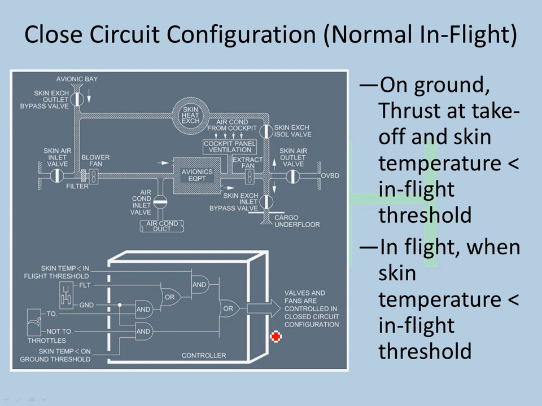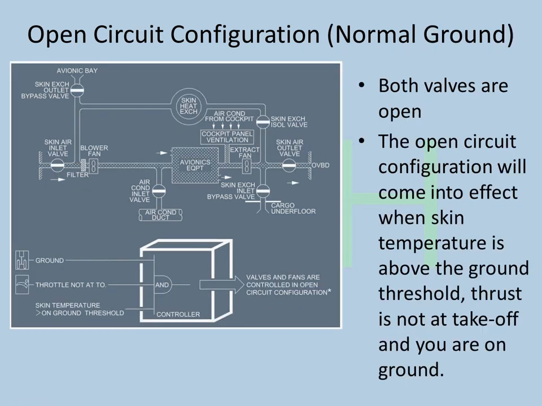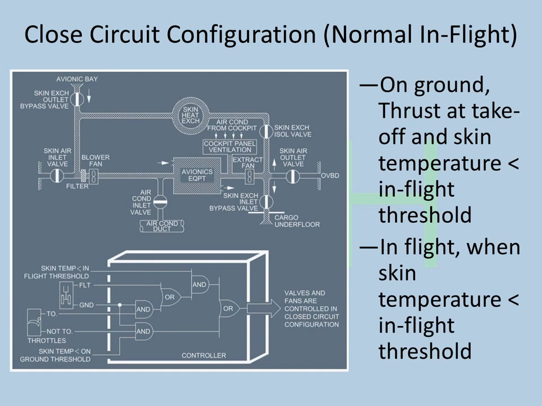Your in-flight threshold is 35 degrees and increasing, or 32 degrees and decreasing. If you remember, in flight obviously your temperatures are going to be less than those in-flight threshold temperatures. Hence this is a normal in-flight configuration. So open circuit is normal ground configuration, closed circuit is normal in-flight configuration.